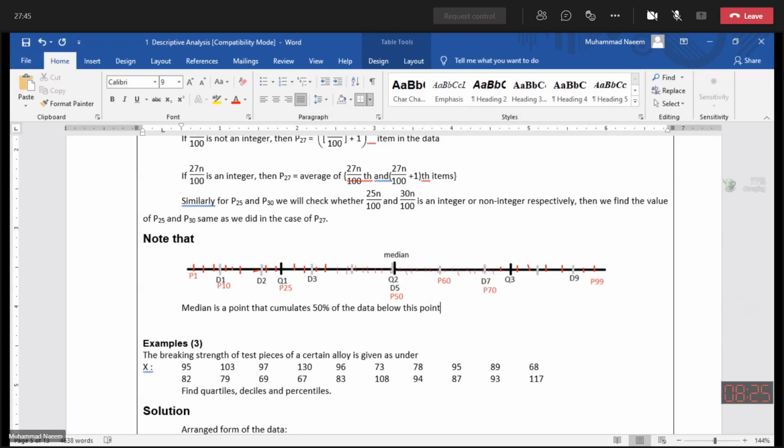If it is in descending order, then median will be a point that will accumulate 50% of the data above this point. So no need to discuss both things at the same time. Just remember one. The other one is obvious.